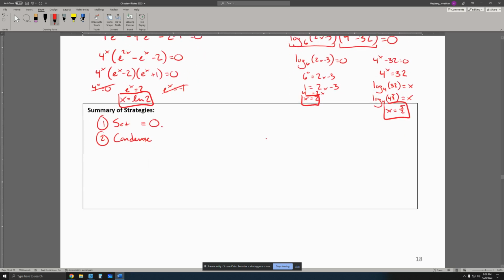Next, we're going to look to factor, so always check for a GCF. And then step 4, we're going to use the zero product property. So if A times B equals 0, then A equals 0 or B equals 0. And then solve. And then I'm going to just put a note: check for extraneous solutions.